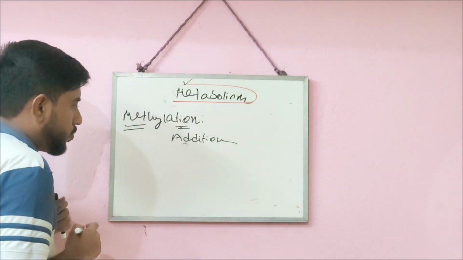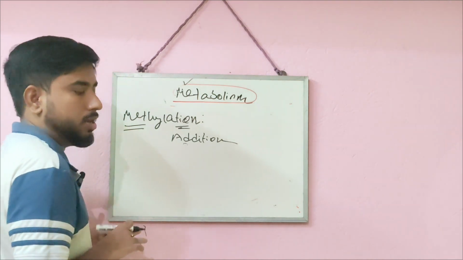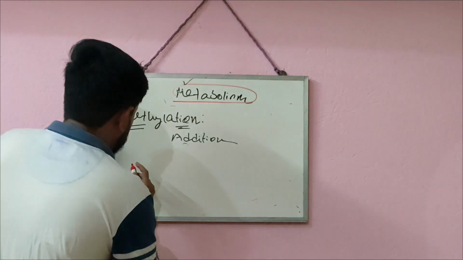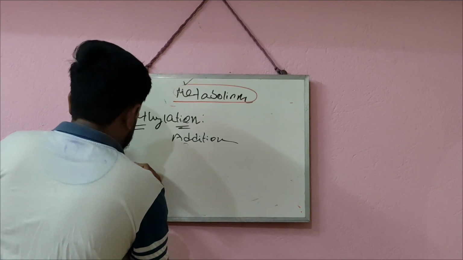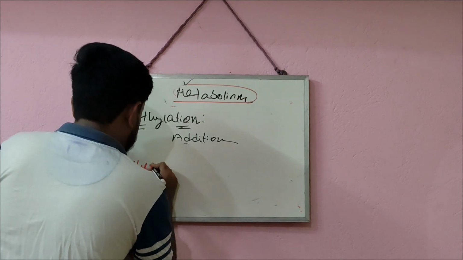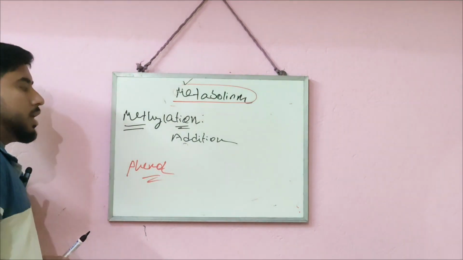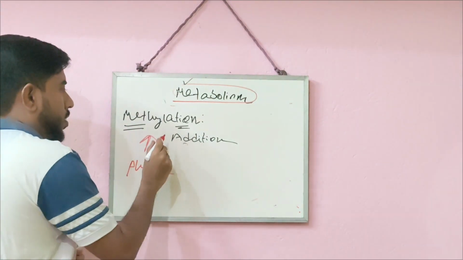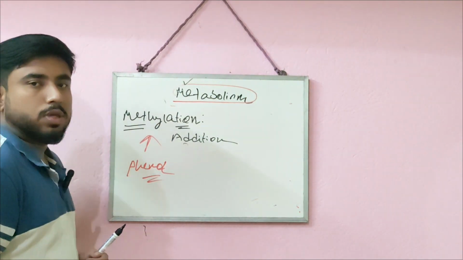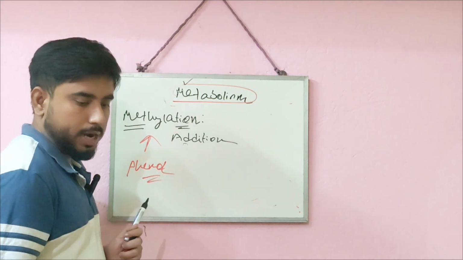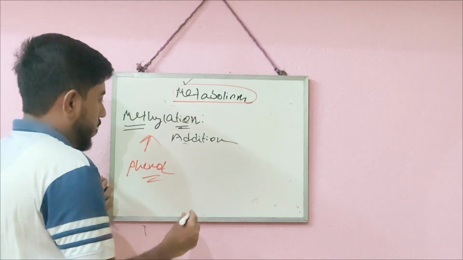Which drugs are generally metabolized in that methylation process? The drugs containing phenol groups generally pass through metabolism by methylation. In that process, you can easily understand that a methyl group will add to the drug.